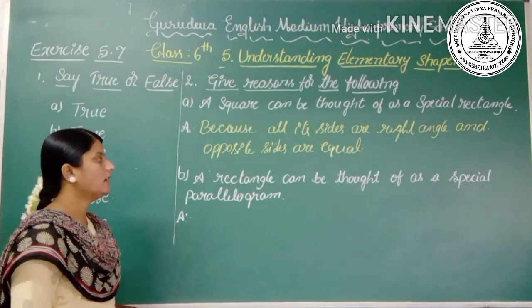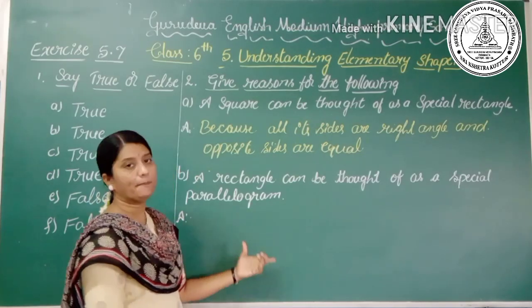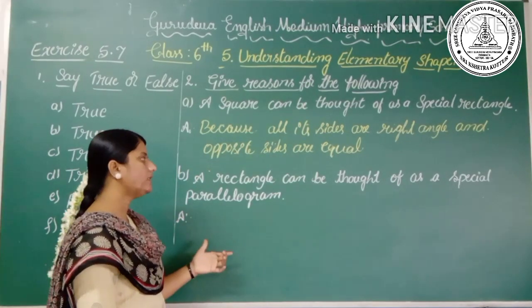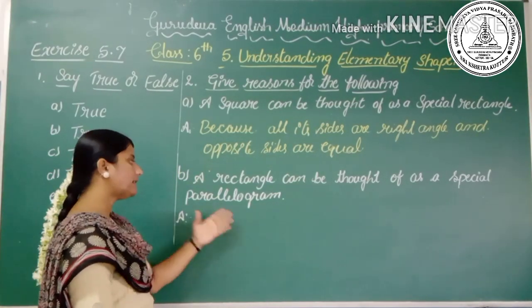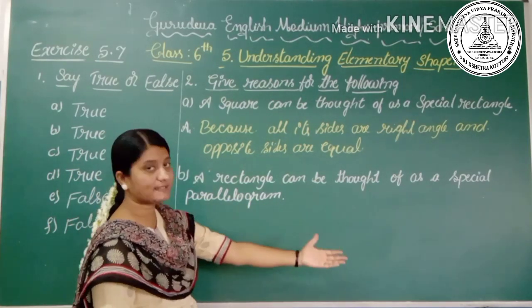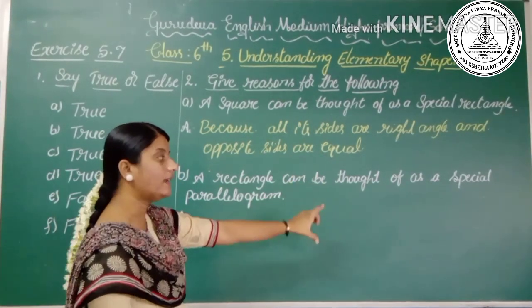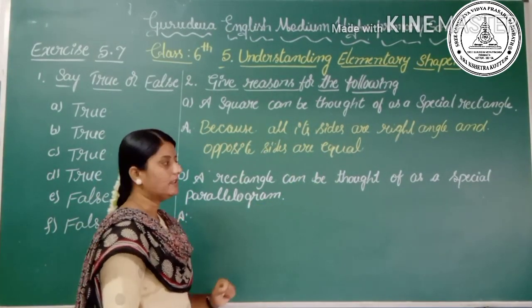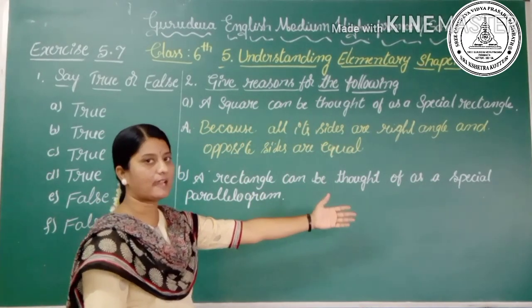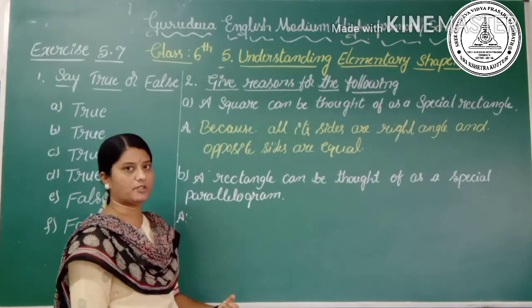Then B1: A rectangle can be thought of as a special parallelogram. Can we say that? Yes. Why? Because the opposite sides of the rectangle and parallelogram are equal and parallel to each other.